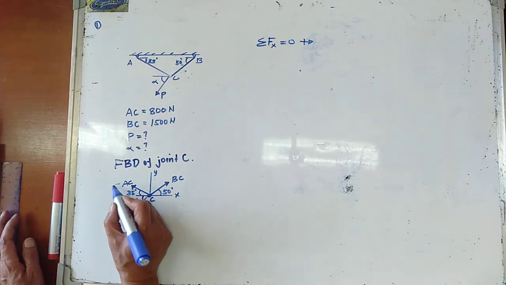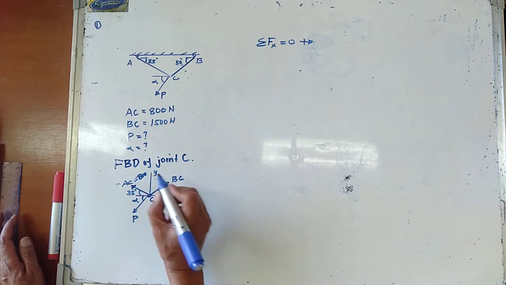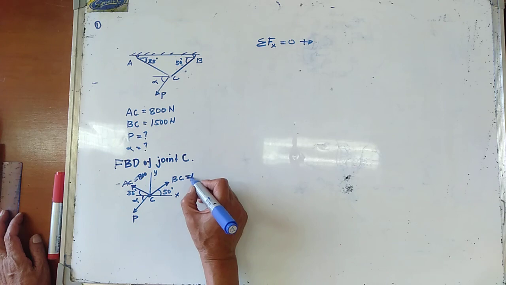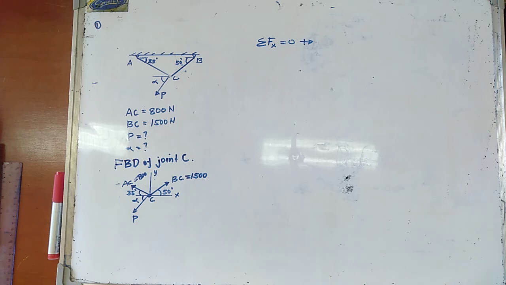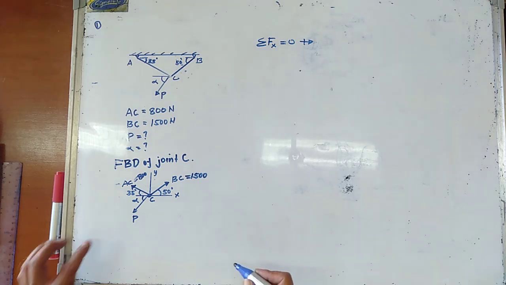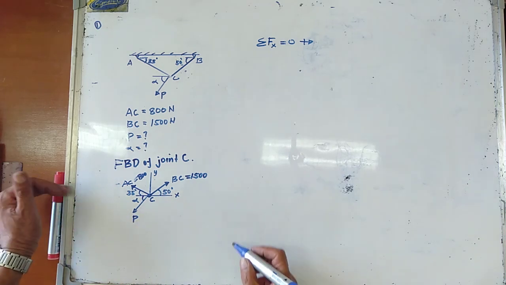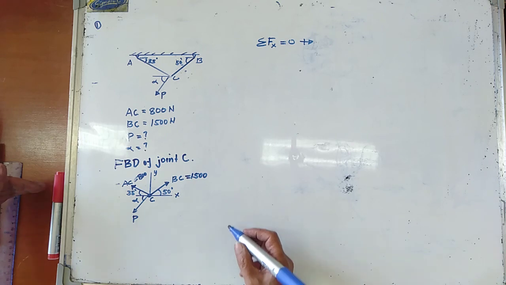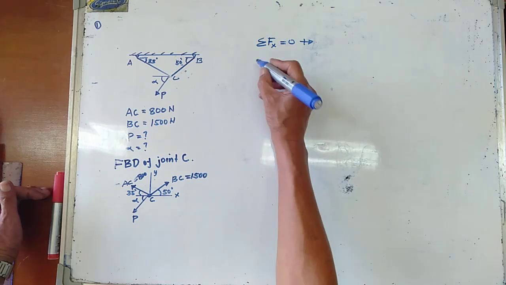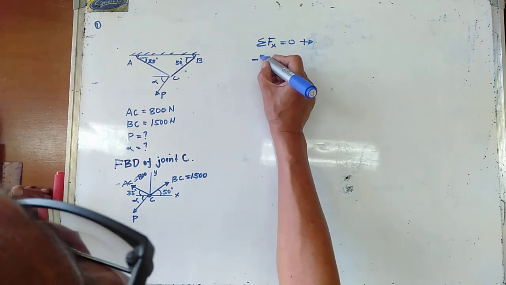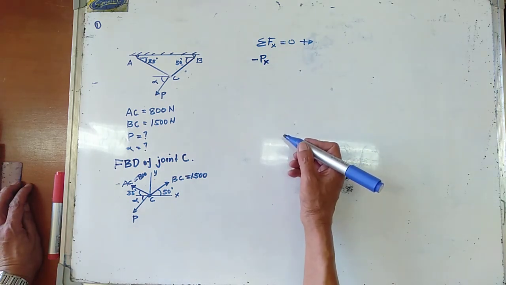Your AC in here is 800 newtons, and this one is 1,500 newtons. The component of P in the x-axis is going to the left, and therefore it is negative. This is our sign convention: to the right, forces positive. So we have minus Px, the component of P in the x-axis.